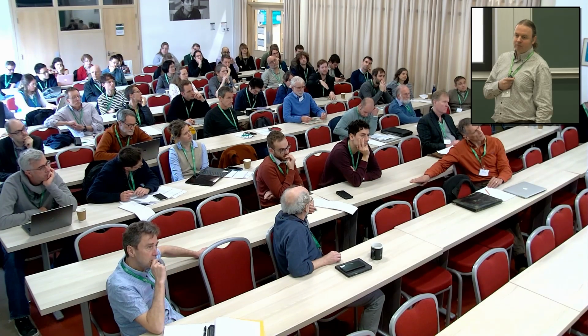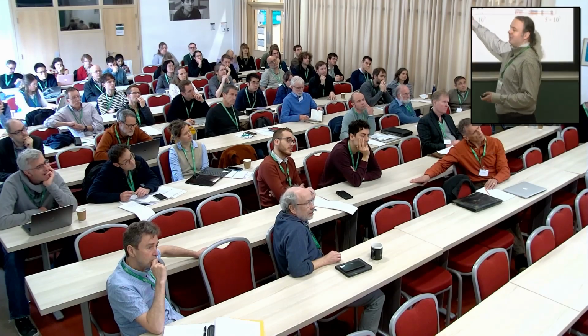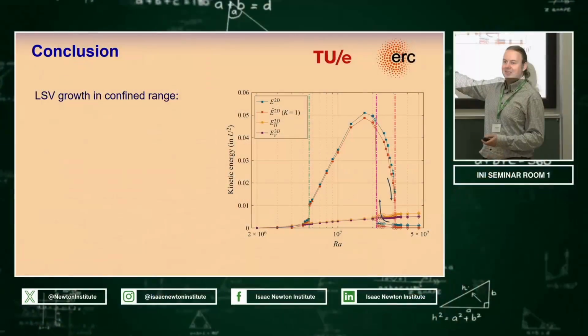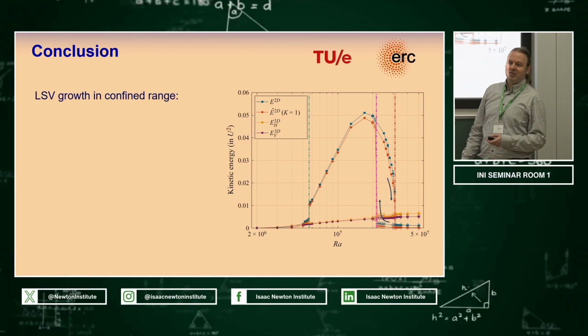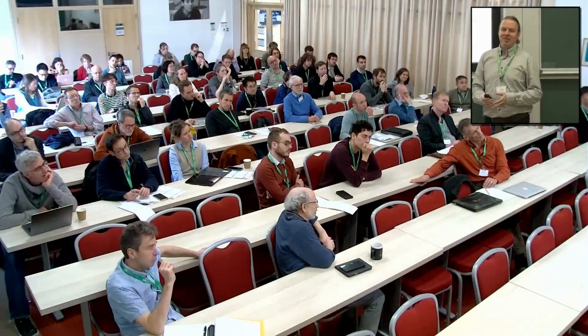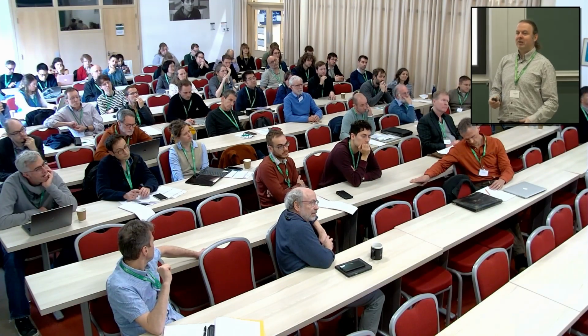Once it's there, it never collapses back into 3D turbulence at low Rayleigh number? Well, up to the given time that we can simulate, this does not happen, no, indeed. These things also run for a very long time, so you can never be 100% sure, but we haven't observed it at least.